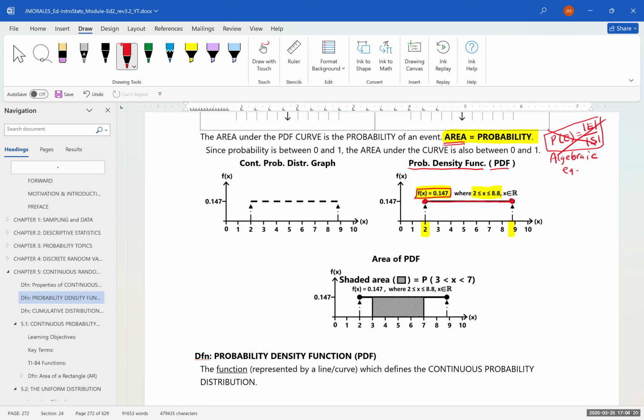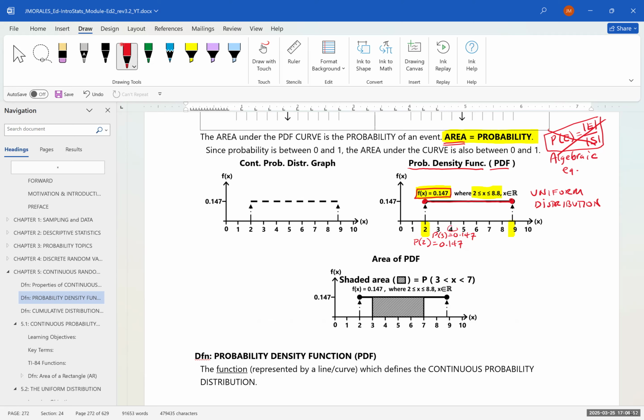Now, technically, this horizontal line describes what's called a uniform distribution. Okay, and it's uniform because the probability of a 2 coming up is going to be 0.147. The probability of a 3 occurring is 0.147.